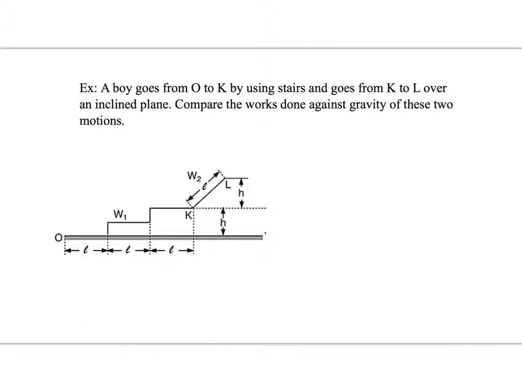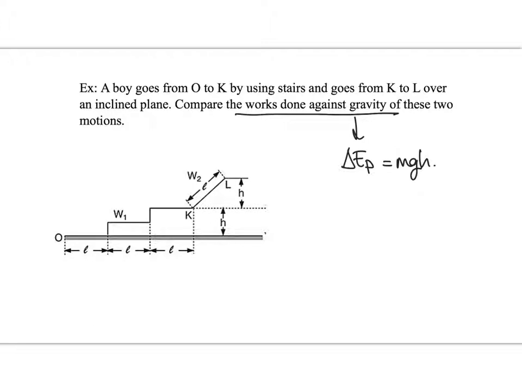A boy goes from the point O to K by using stairs and goes from K to L over an inclined plane. Compare the works done against gravity of these two motions. The work done against gravity means the change in potential energy, which is equal to mg times h.